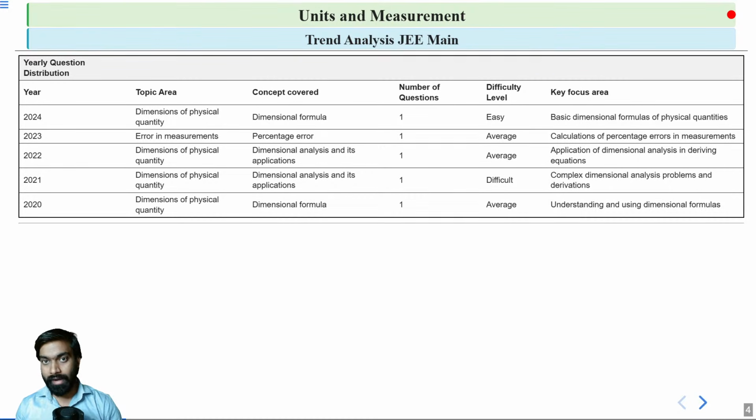Alright, and here the key focus area is basic dimensional formulas of physical quantities. Similarly, in 2023, 2022, 2021 and 2020, the questions were asked from errors in measurements and dimensions of physical quantity, and their difficulty level was average, difficult, average respectively.